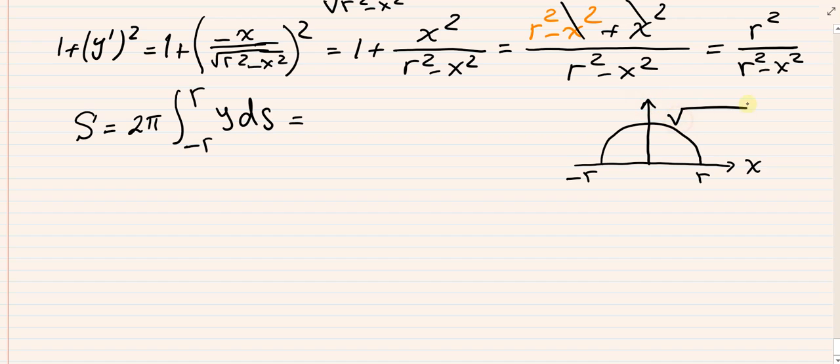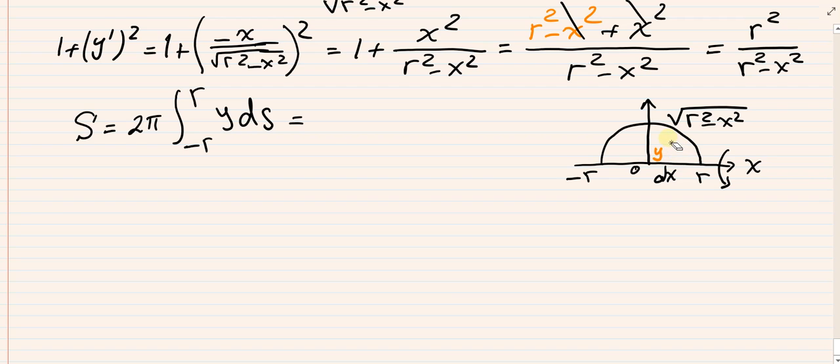This is exactly what it is: square root of r squared minus x squared. We are revolving this about the x-axis. And that is what dx is. And y, of course, is this distance right in here. This is what y is, right?